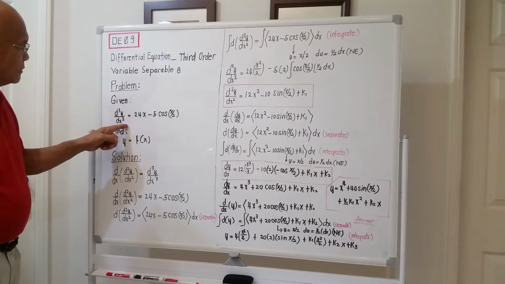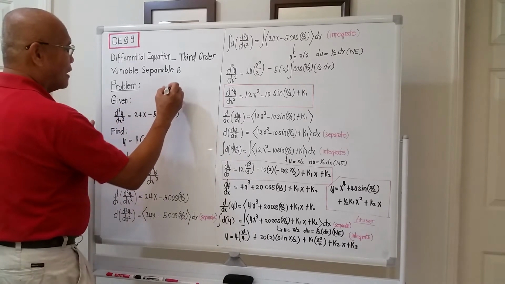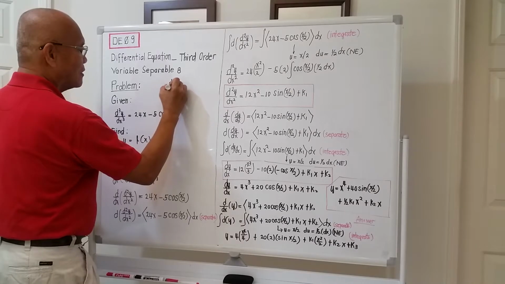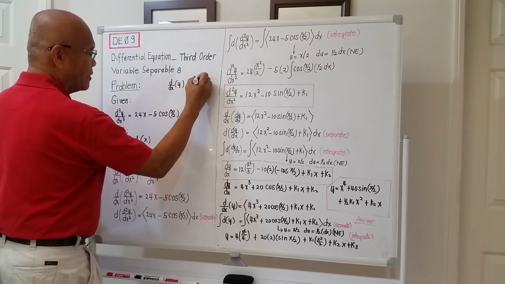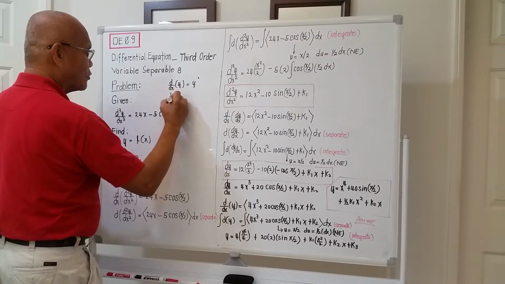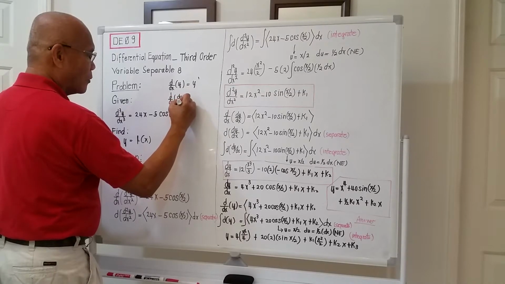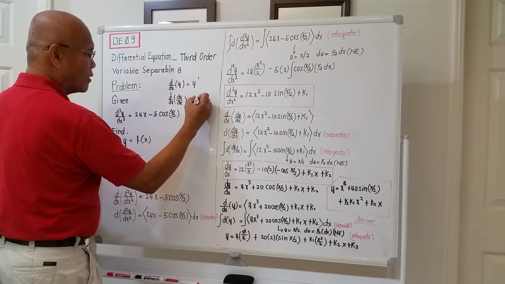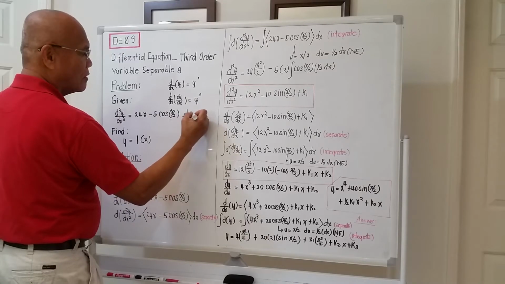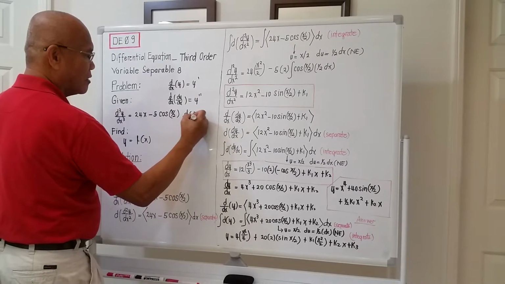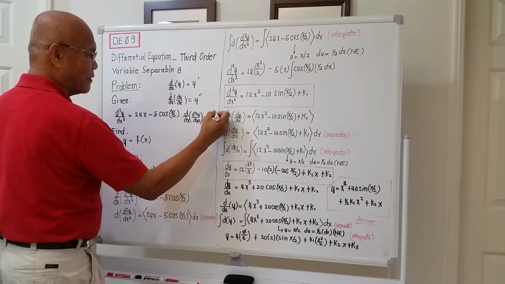This is power 3. But don't be afraid of this one, because the derivative with respect to x of y is actually equal to y prime, and the derivative with respect to x of dy over dx is equal to y double prime, and the derivative with respect to x of d square y over dx square is actually y triple prime.